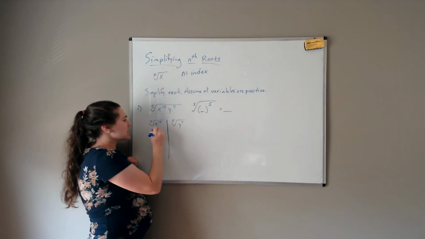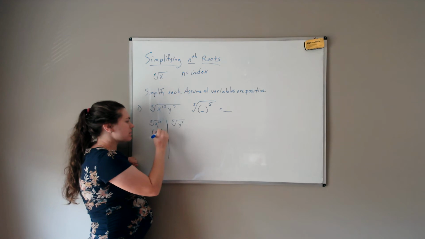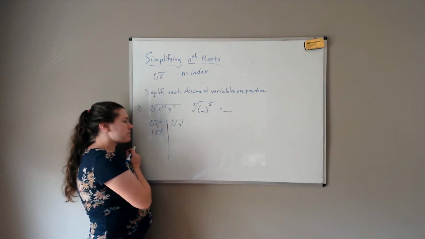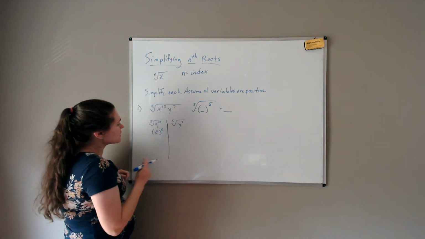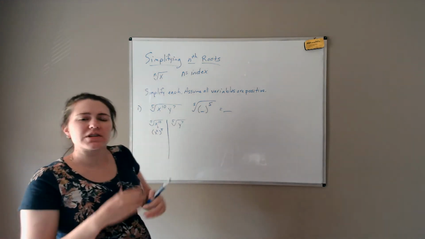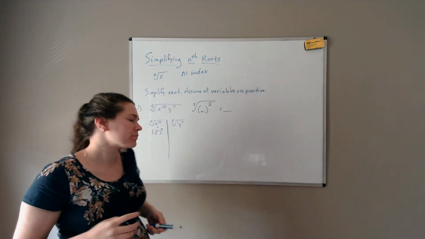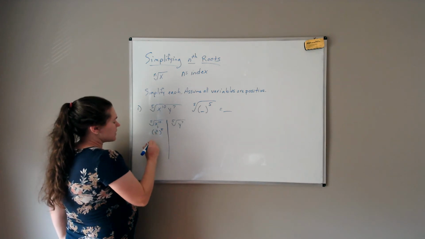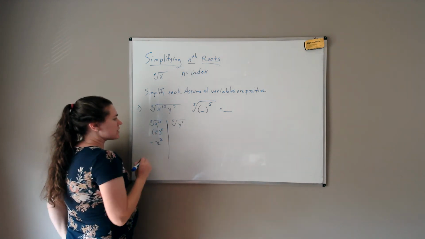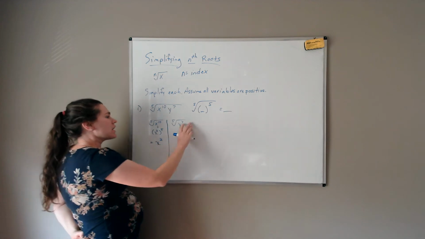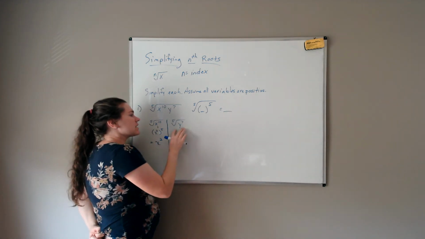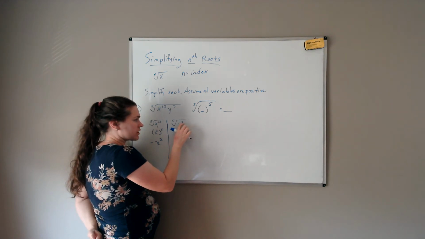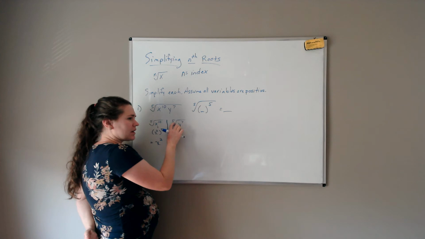Yes, which means I can write this as x squared to the 5th power. So what this means is I can make 2 equal groups of x to the 5th. And so, if I take the 5th root of x squared to the 5th, that's just going to leave me with x squared.